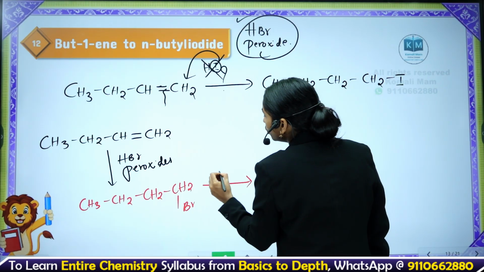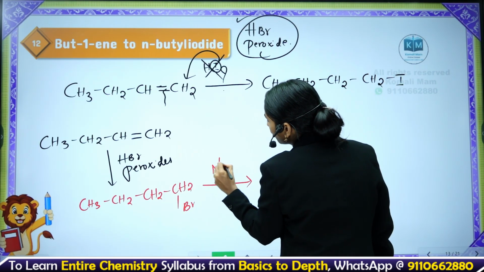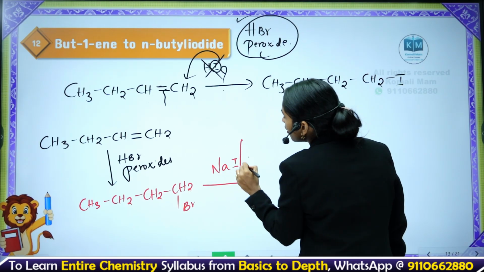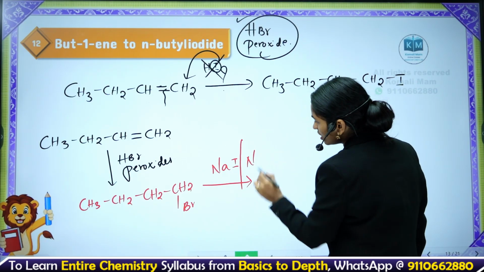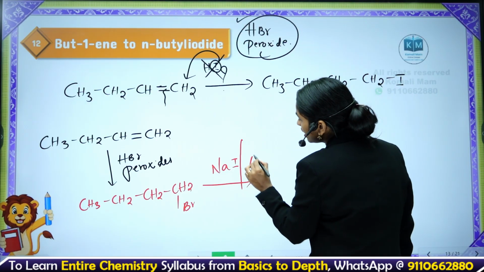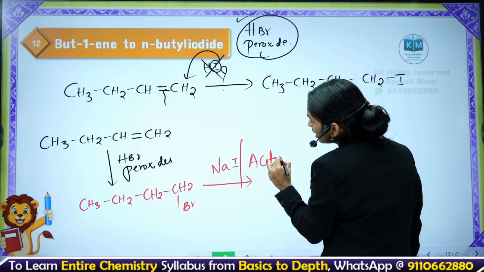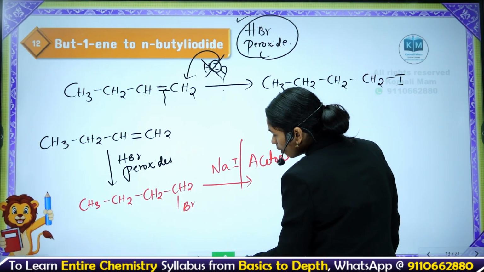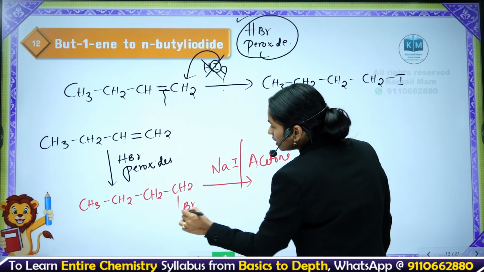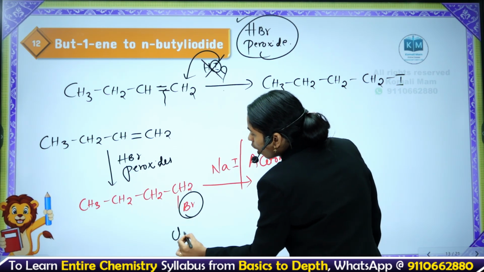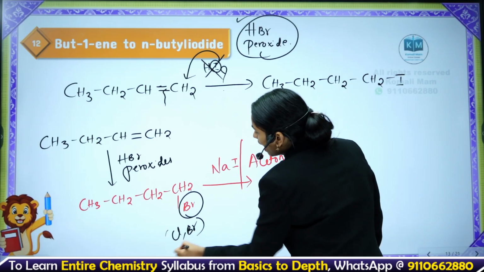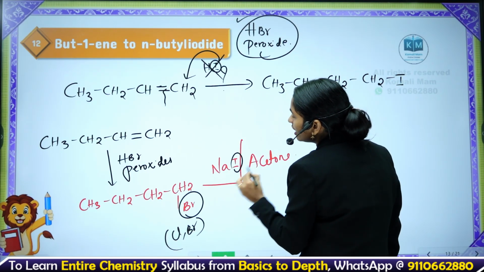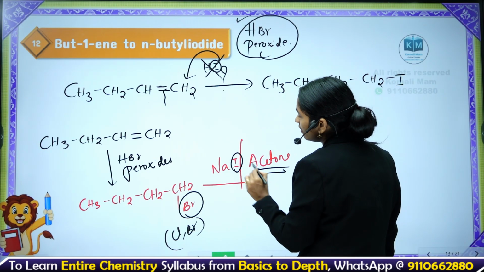Then you treat this with one of the famous reactions, the Finkelstein reaction. What do you mean by Finkelstein reaction? How many reagents are you covering here? This chlorine or bromine substituted halide, what we can do? We will treat with NaI in a solvent.